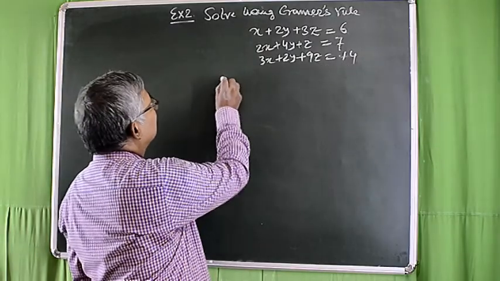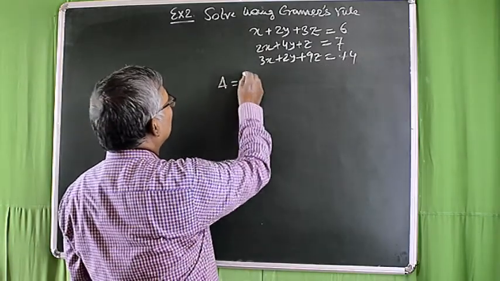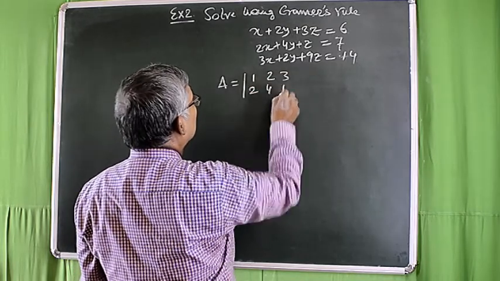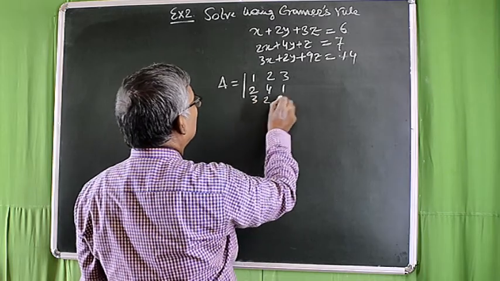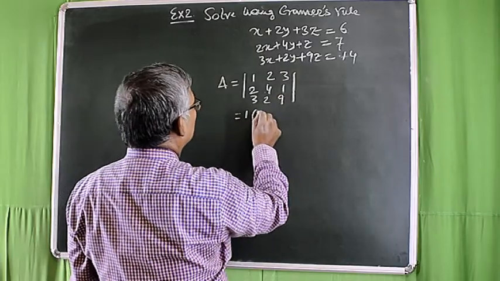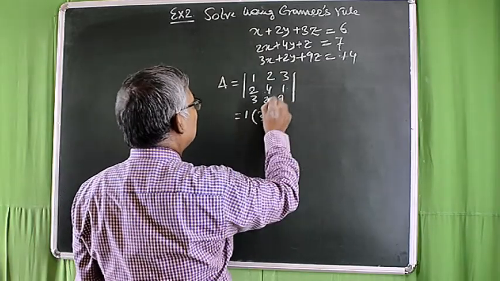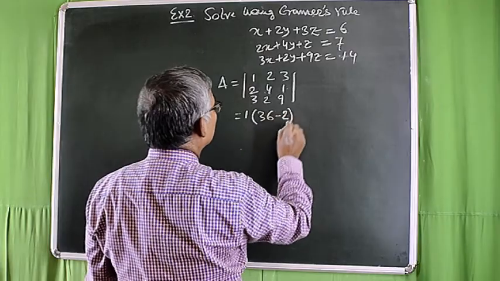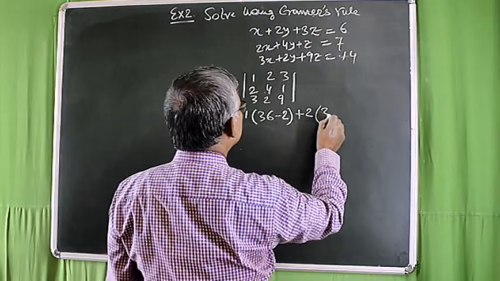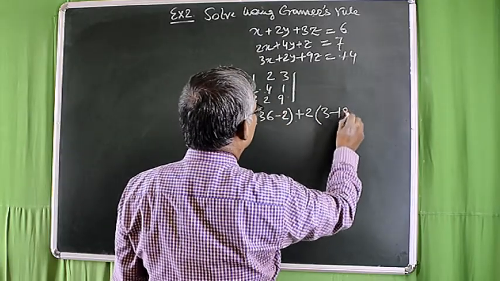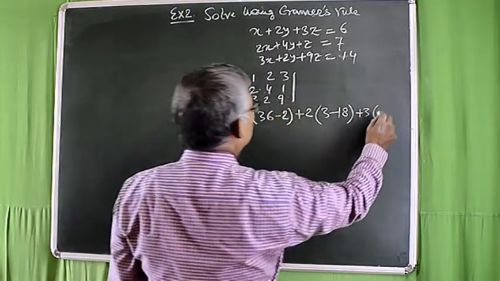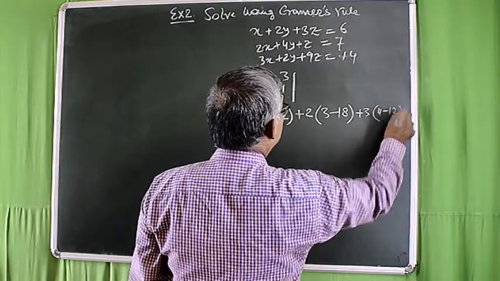Here we can write del equal to the determinant 1, 2, 3, 2, 4, 1, 3, 2, 9, equals 1 into 36 minus 2, that is 2 into 1 into 3, that is 3, minus 18, plus 3 into 4, minus 12.